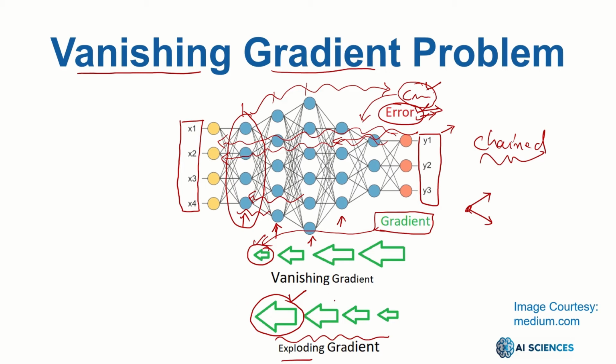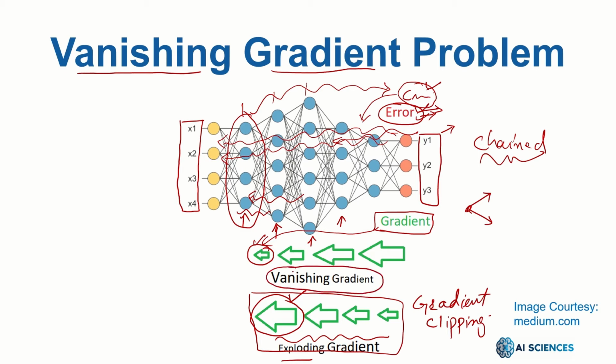It, however, turns out that there are some practical solutions for exploding gradient. One is known as gradient clipping. The simple solution, gradient clipping, is that if the value of the gradient is larger than a particular threshold, then you just clip the gradient, just restrict the gradient manually to a particular value. But it turns out that the vanishing gradient problem is a bit more complicated and a bit more serious.